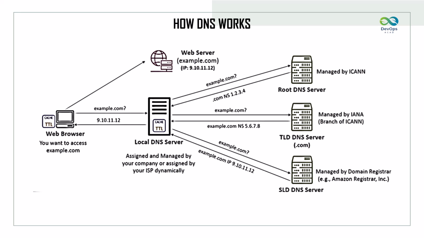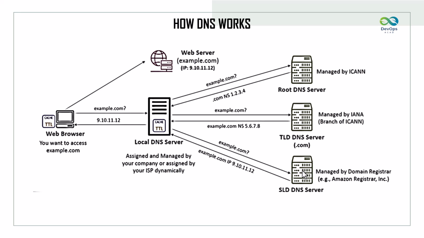So it gives us the name server's IP, and then the local DNS takes that and sends the request to the second level domain, which is now the actual registrar. That one takes a look and says, yes, I'm the one that actually registered example.com, so this is the IP address of example.com.